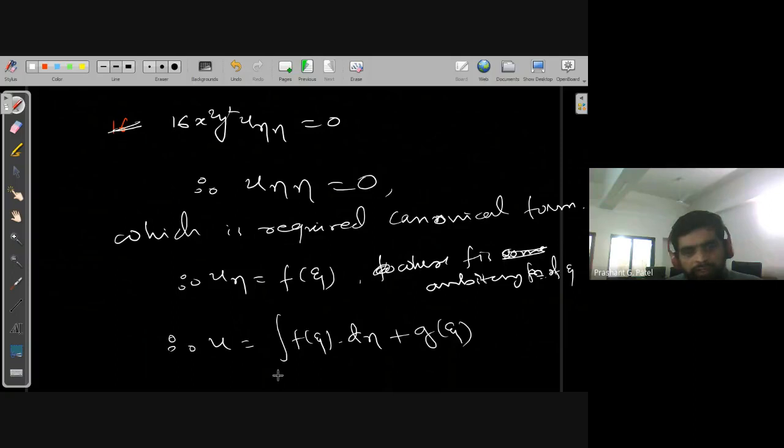And if I integrate this one, it will give me eta into f of xi, because this f is only a function of xi. So finally you will have u equal to eta into f of xi plus g of xi.